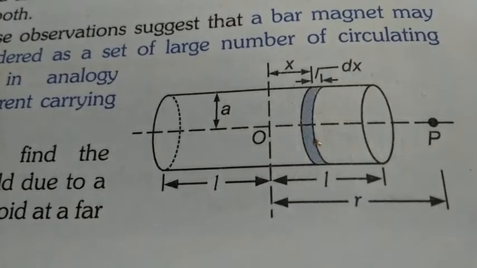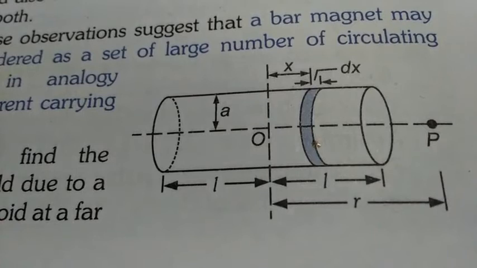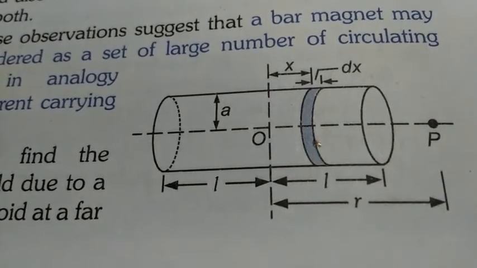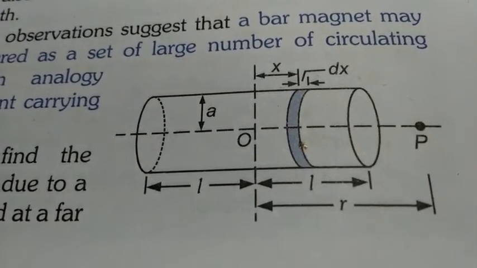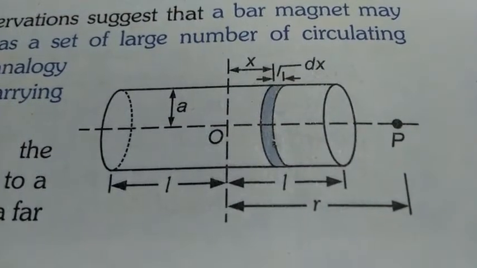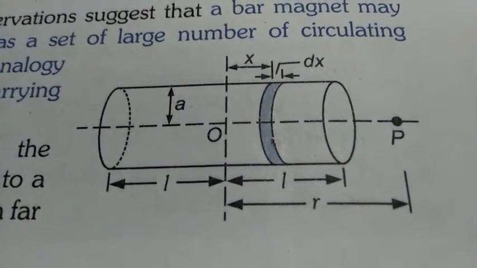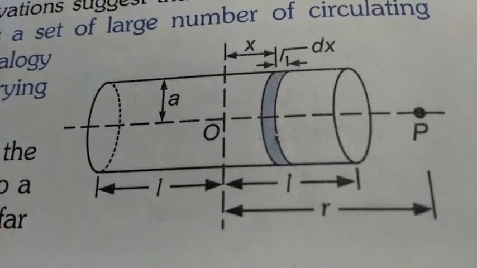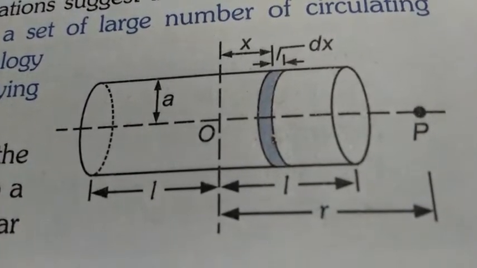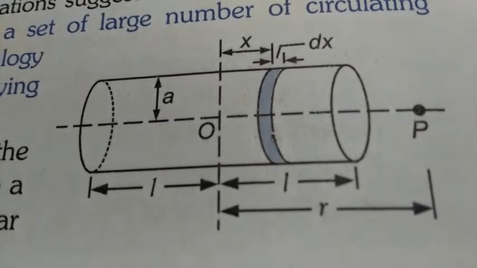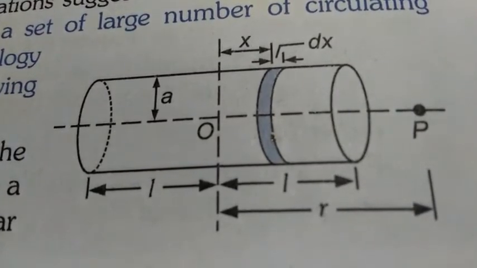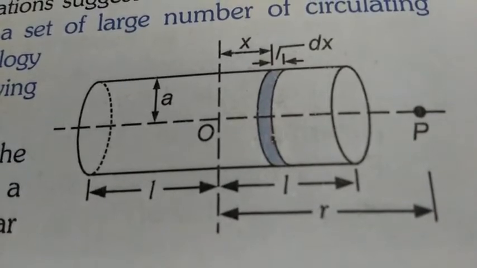Let P be the point, on the right hand side in the diagram, at a distance r from the center of the solenoid. Let us imagine that current I is flowing through the solenoid. To find the magnetic field due to the solenoid, we will again use the integration method.